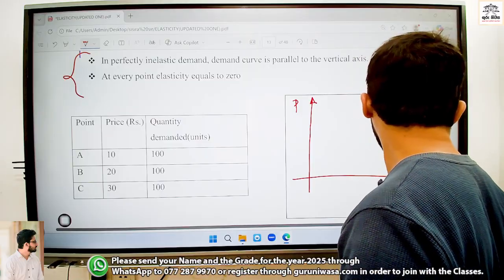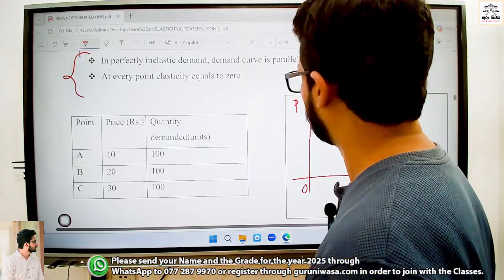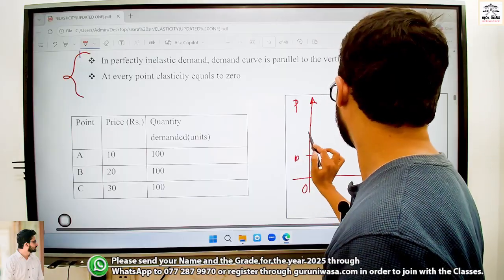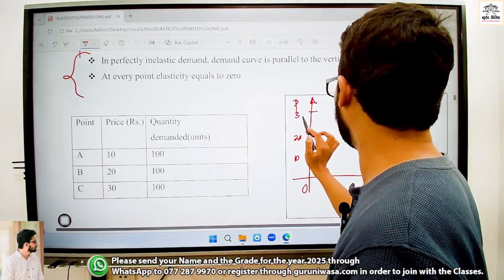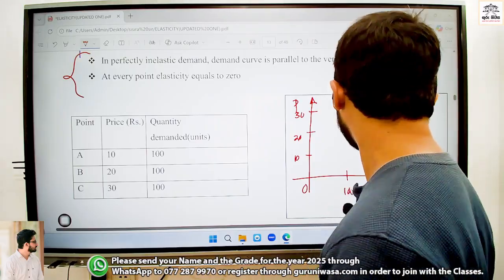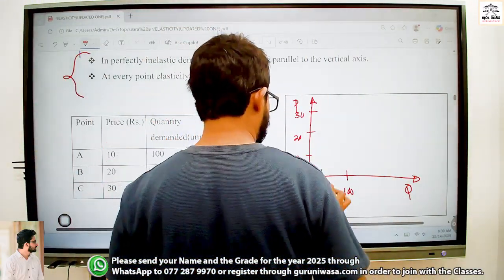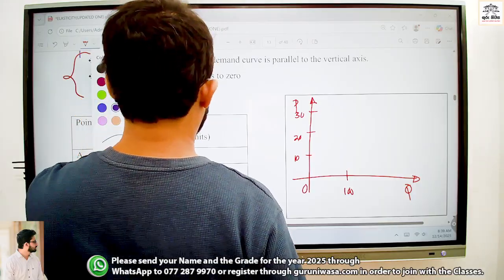Price, quantity demanded. Price changes 10 by 10: 10, 20, 30. Right? Quantity demanded, let's say 100. At point A, at price 10, demand is 100.